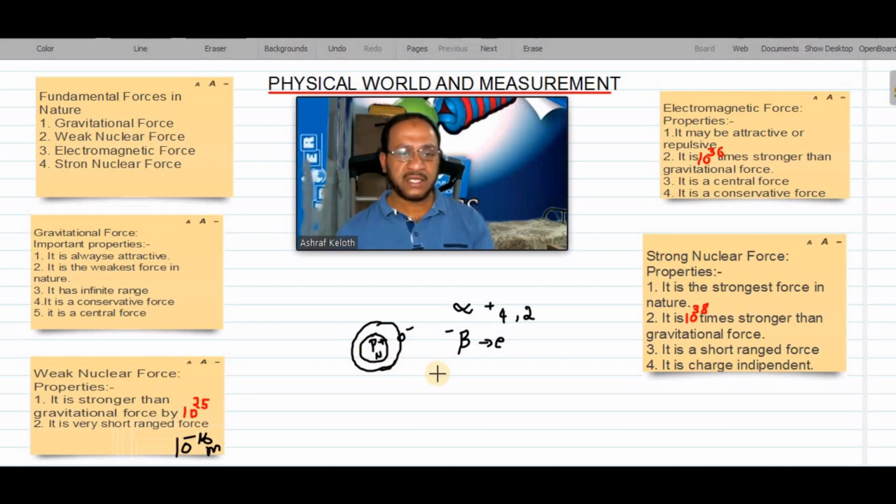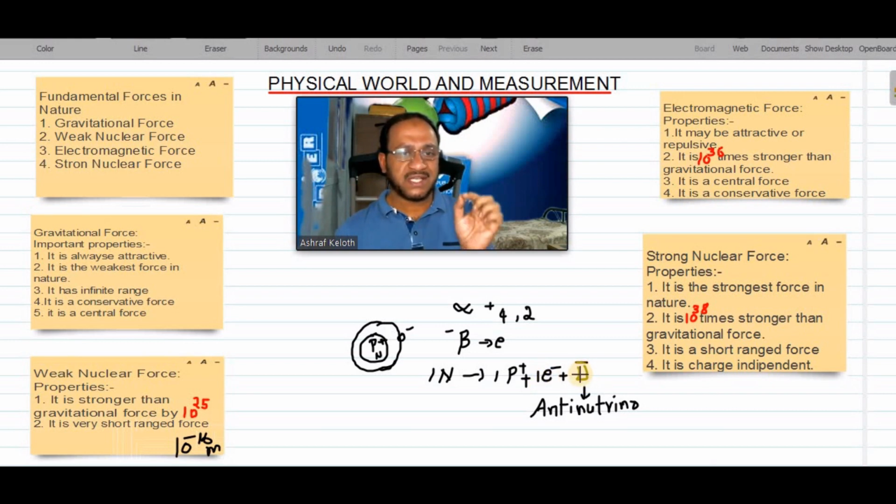Inside the nucleus, one neutron splits into one positively charged proton and one electron, which is ejected as the beta particle, and one more particle called an antineutrino. This is what happens during beta disintegration: one neutron splits into one proton, one electron, and one antineutrino.